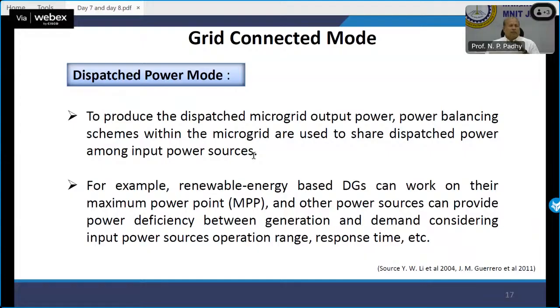For example, renewable energy sources like distributed energy sources or DGs can work at their maximum power output, that is MPP mode, and other power sources can balance power between generation and demand considering input power source operation range, response time, etc.